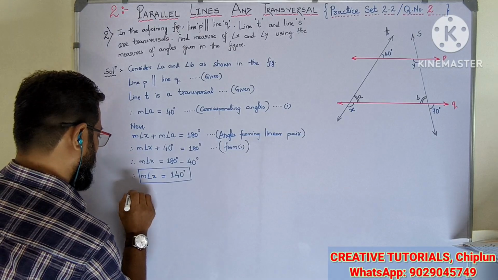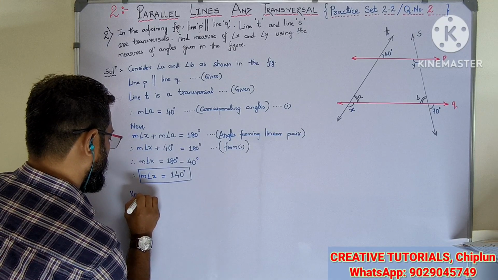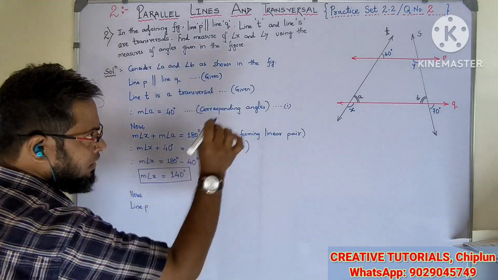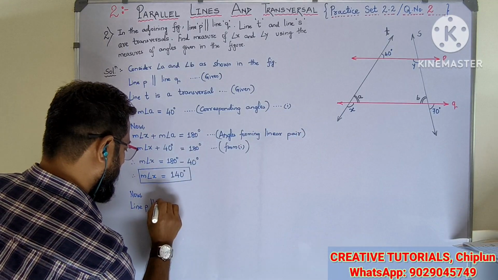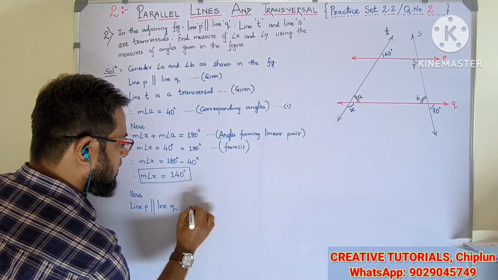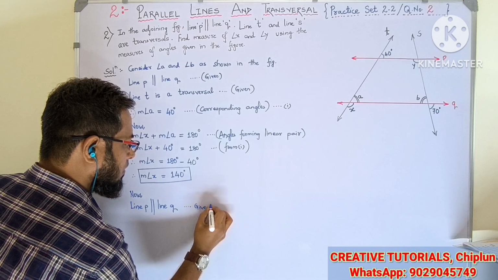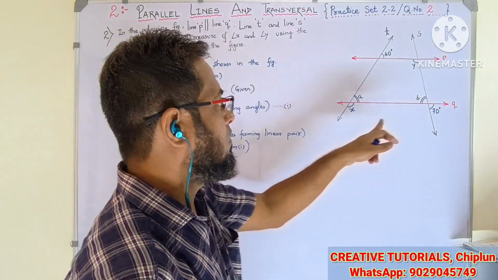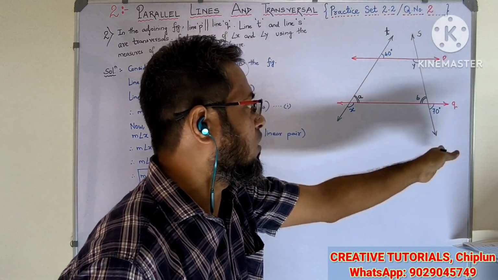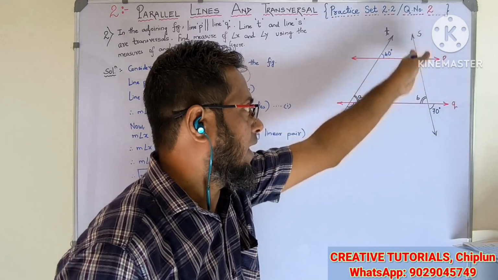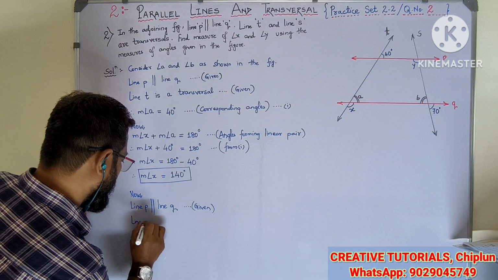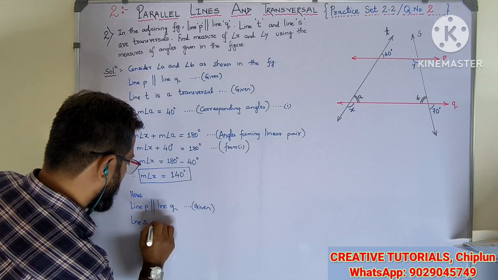Now line P is parallel to line Q, same like this, and we will write here as given. Since we are taking care of angle B now, and this is made with this transversal, we will talk of this transversal S. Then line S is a transversal.